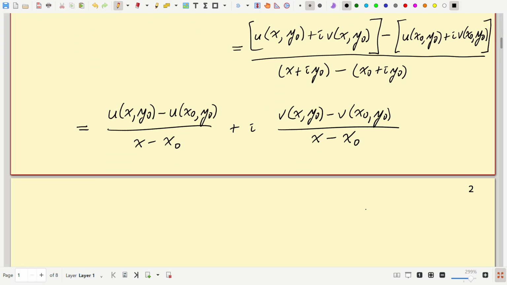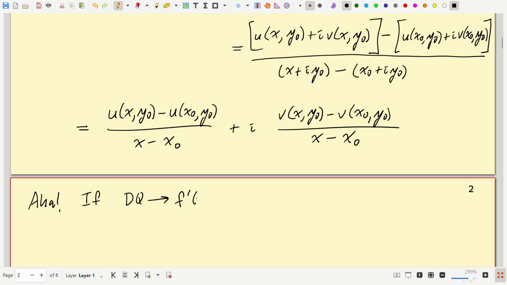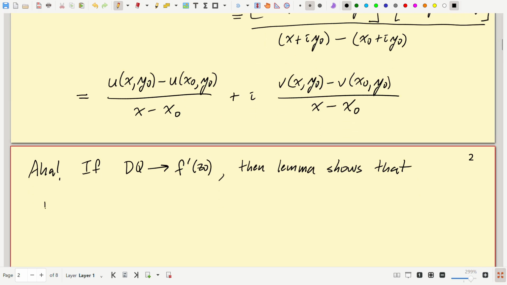So we discovered something here that Cauchy would have discovered. That difference quotient, if it goes to a limit, if it goes to f prime of z naught, then the lemma shows that the real and imaginary parts have limits.